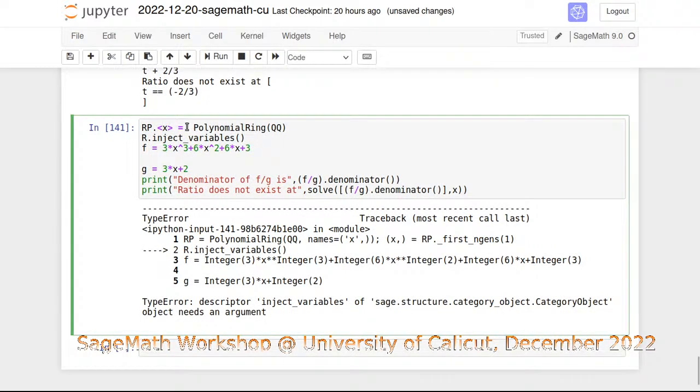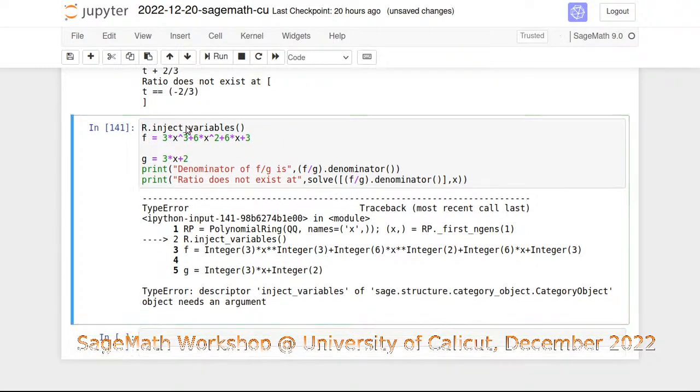So let me take another notation R, X, polynomial ring over QQ, or instead of even this, QQ over X. Will this work?